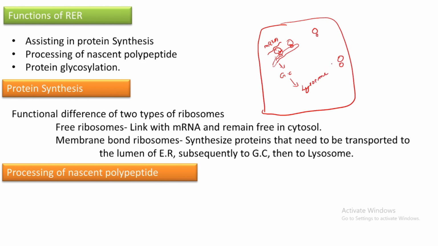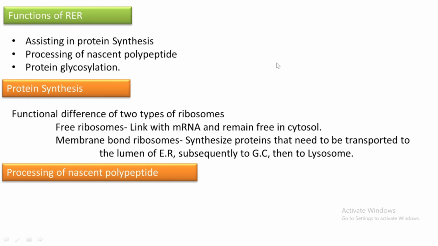That is the difference between free ribosomes and those attached to the endoplasmic reticulum membrane. Here it is directly discharged into the cytosol. There that is not possible; the newly forming polypeptide is first released into the lumen of the endoplasmic reticulum.